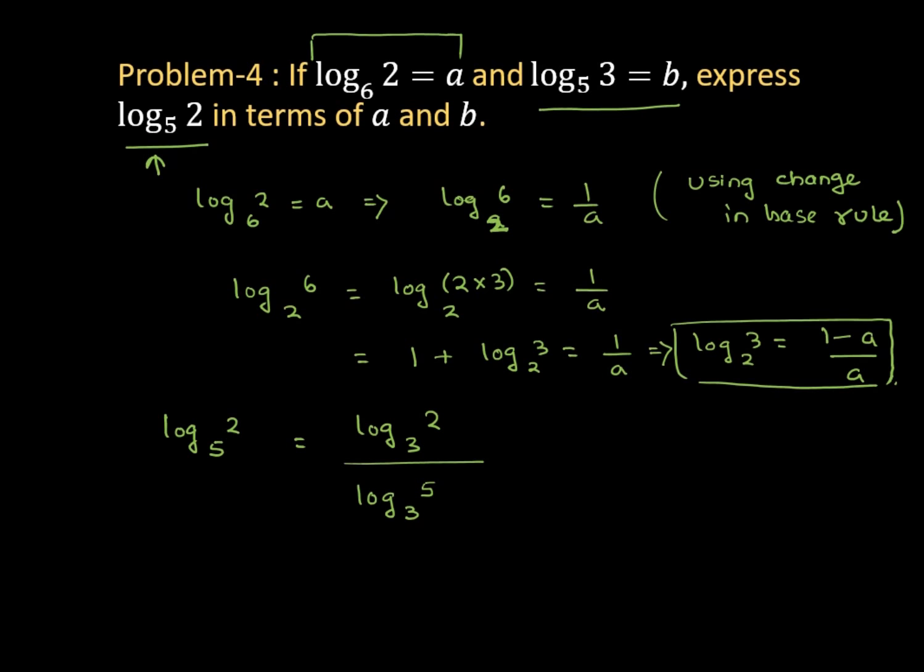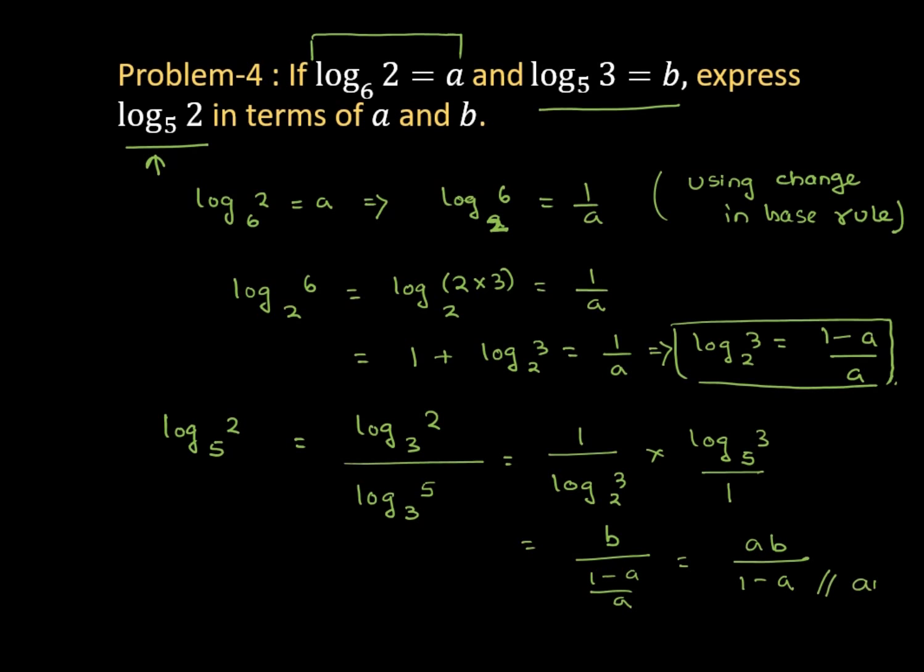So this can be written as 1 over log 3 base 2 and the denominator can be written as log of 3 base 5 divided by 1. So log 3 base 5 is b and log 3 base 2 is 1 minus a over a. This can be simplified to ab over 1 minus a. So you can say this is your answer.